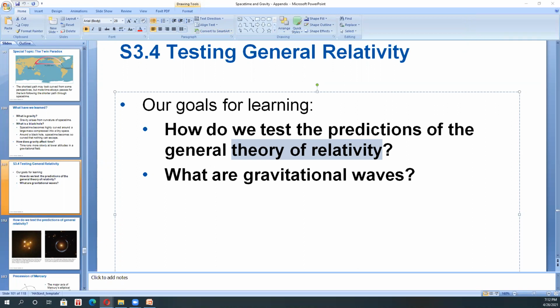With a concept like relativity, it is going to be very hard to properly prove it, I would say.